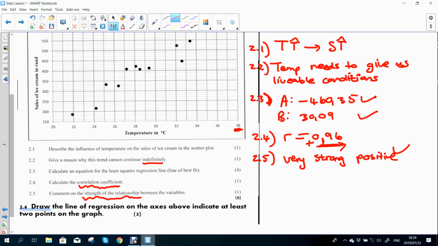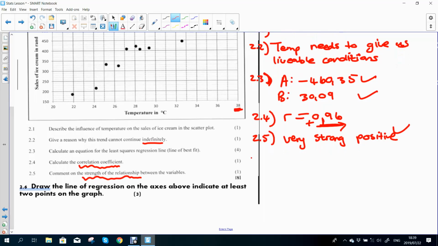And this is actually the question I want to get to, 2.6. Draw the line of regression, and I put this question in myself. Draw the line of regression on the axis above, indicating at least 2 points on the graph. Now, I need you to please make note of this.